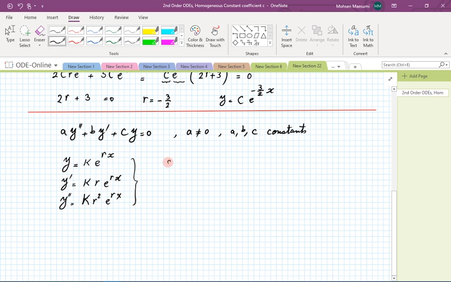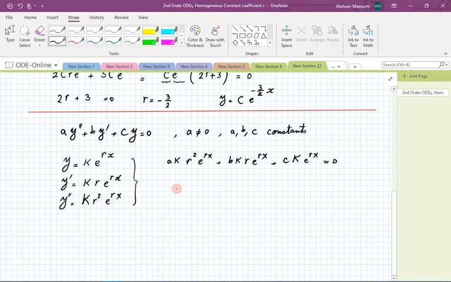So it's going to be a k r squared exponential of rx plus b k r exponential of rx plus c k exponential of rx. All of these things have to be producing that zero for us.